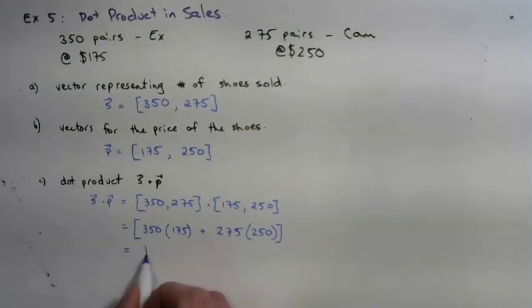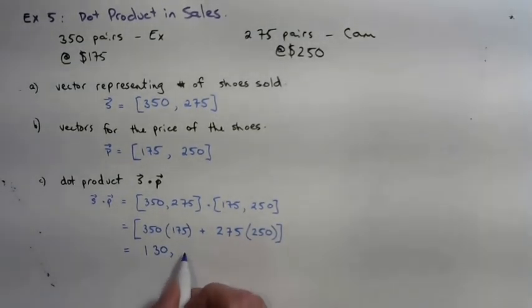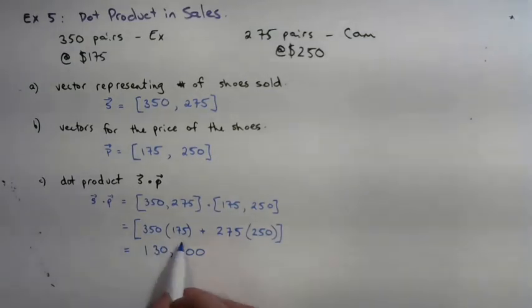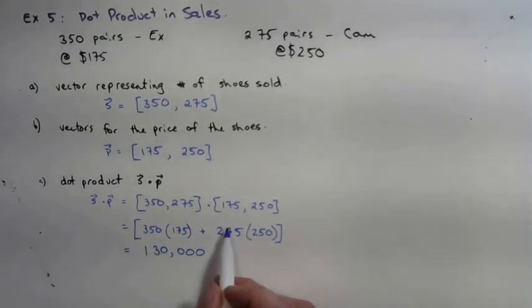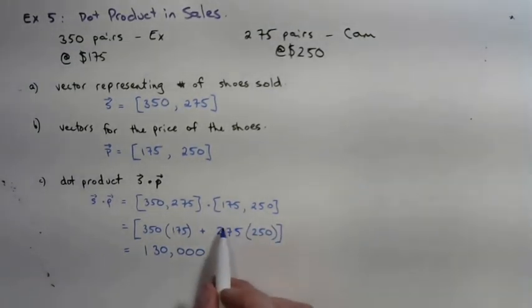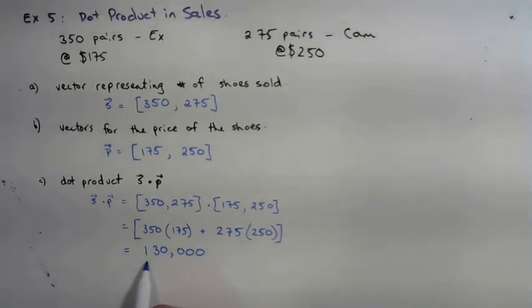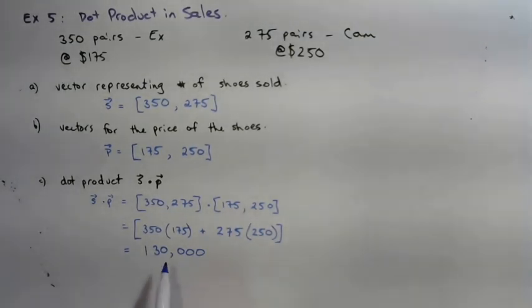And we end up with 130,000 as a value. Well, what is that value? If we took the amount of money that they're making off of Excaliburs and off of the Camelots in a year, the total revenue off of these pairs of shoes for the year is $130,000.